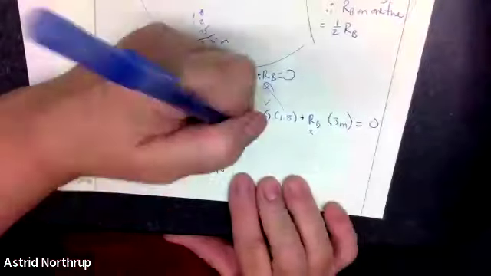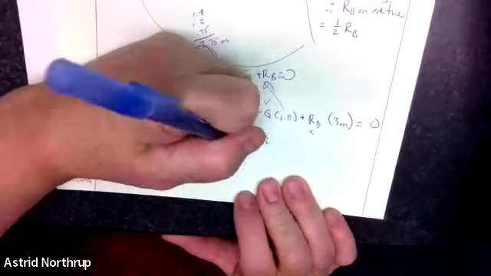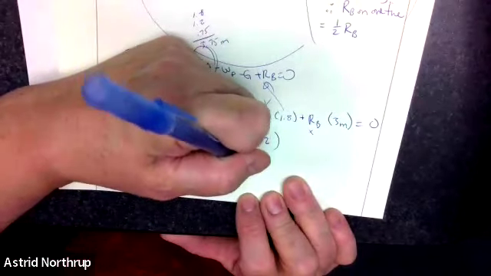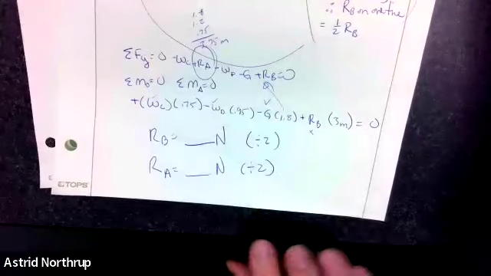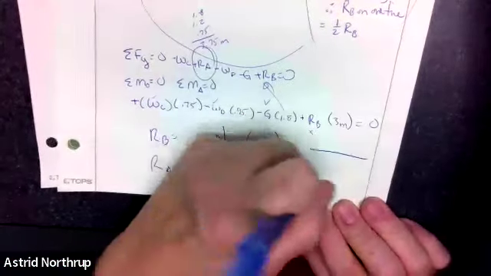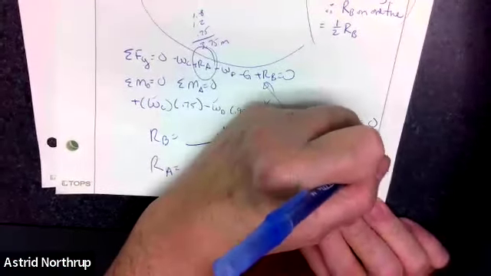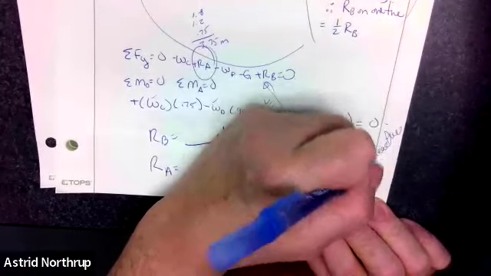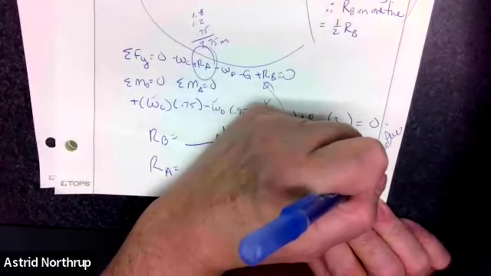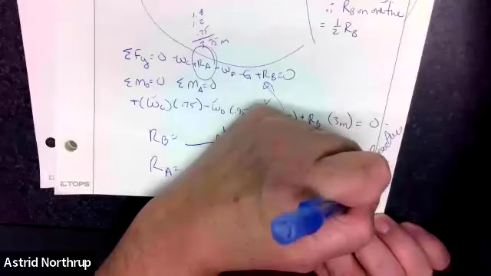And then recognizing that I have two wheels in the front and two wheels in the back, I would divide it to get the reactive force on each wheel.